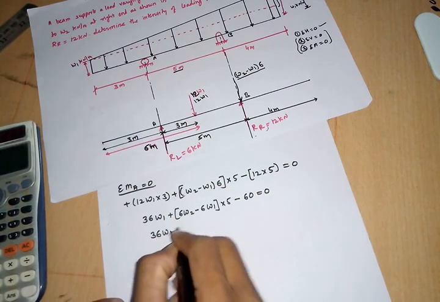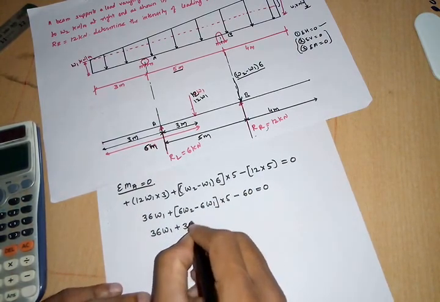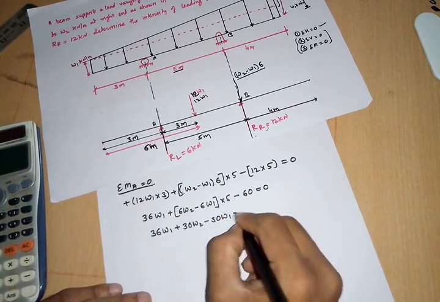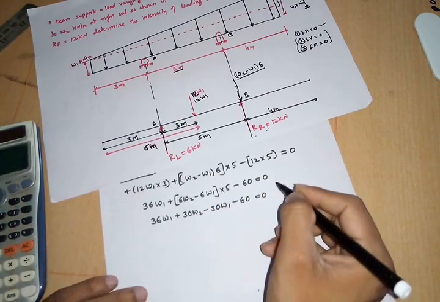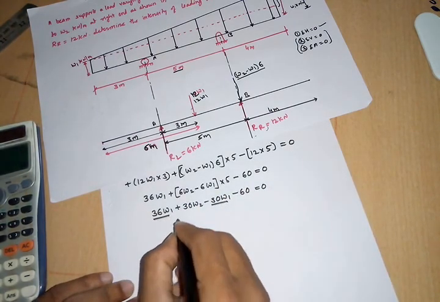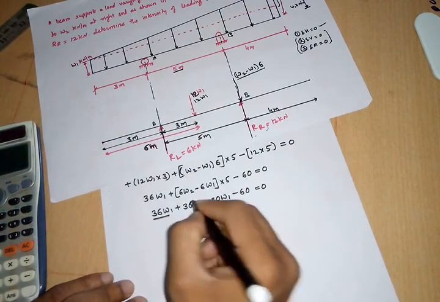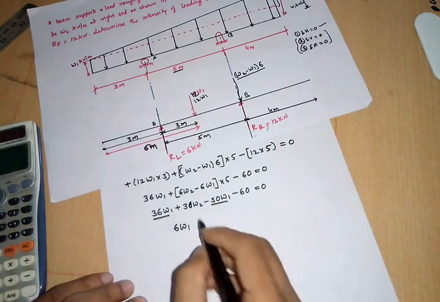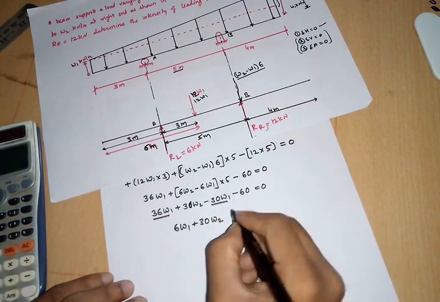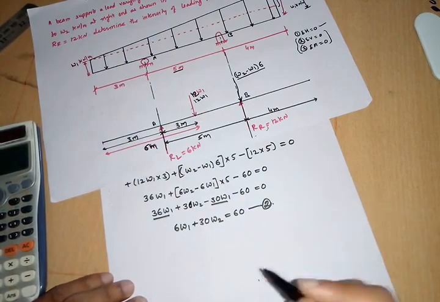So 36W1 plus 5 into 6, it is 30W2 minus 30W1 minus 60 is equal to 0. Now here 36W1 and 30W1, so it is 6W1, plus 30W2 is equal to 60. This is our equation number 2.